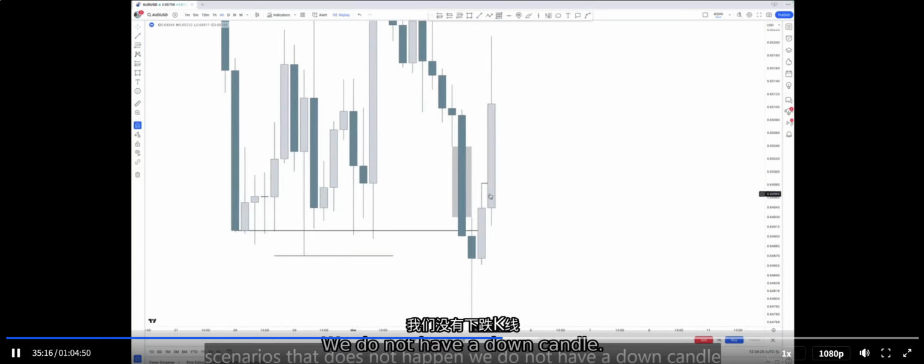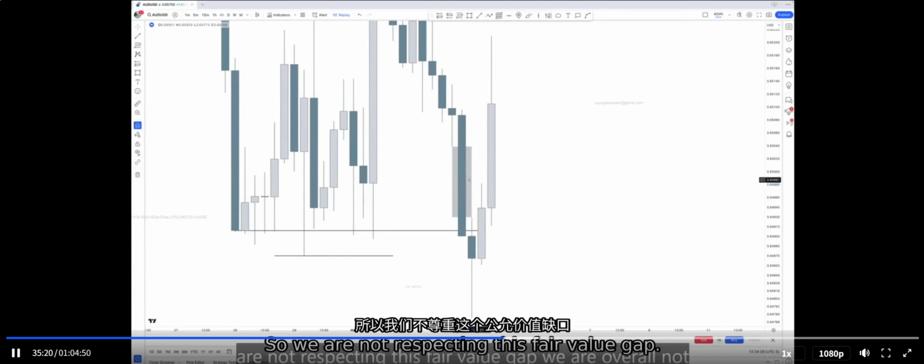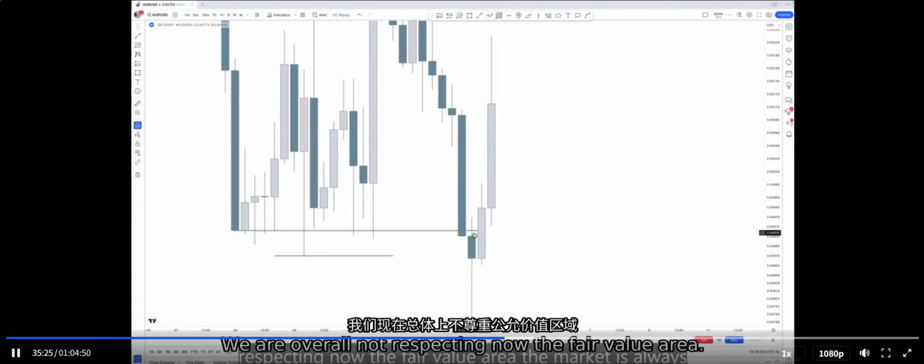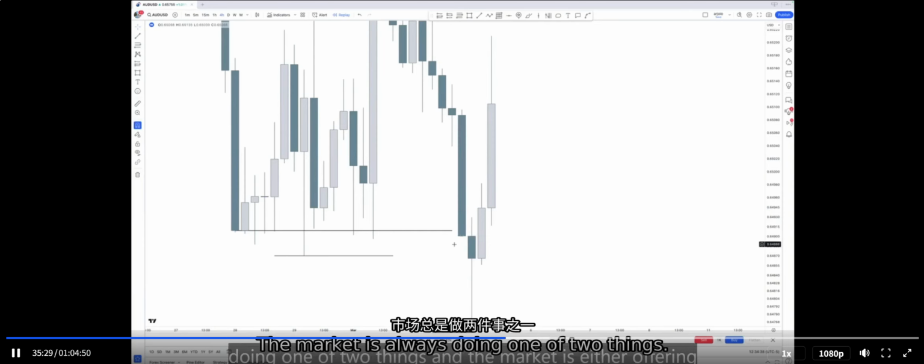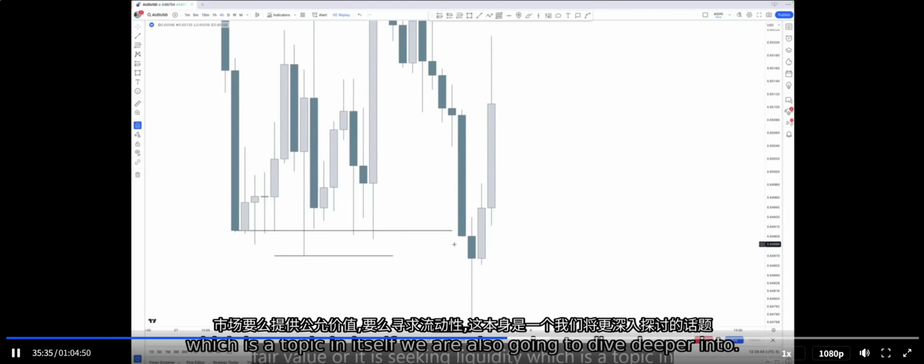All right, in both scenarios, that does not happen. We do not have a down candle. We do not sweep that previous candle high right there. So we are not respecting this fair value gap. We are overall not respecting now the fair value area. The market is always doing one of two things. The market is either offering fair value or it is seeking liquidity, which is a topic in itself we're also going to dive deeper into.